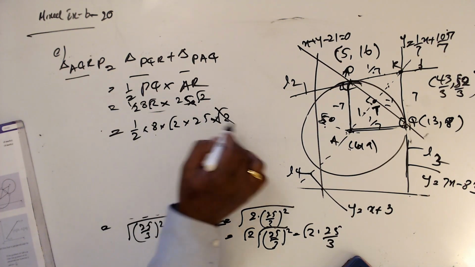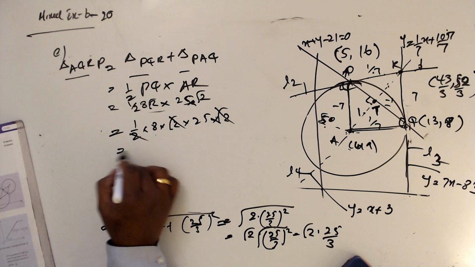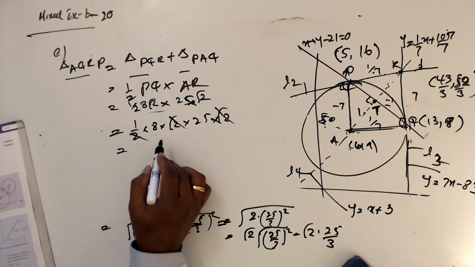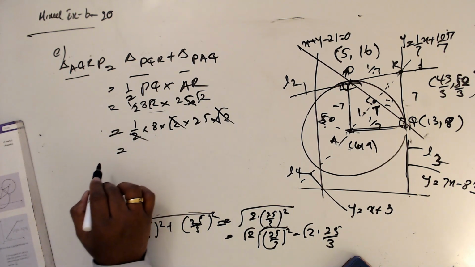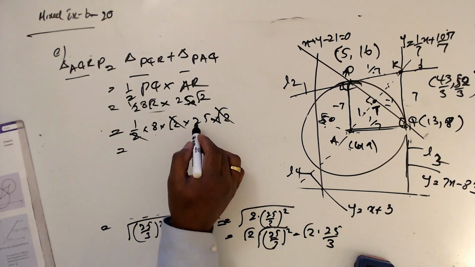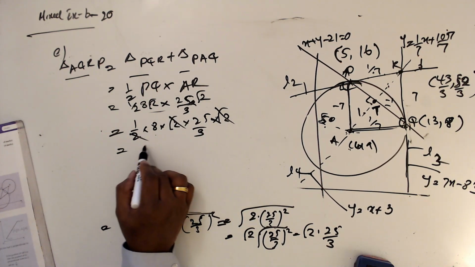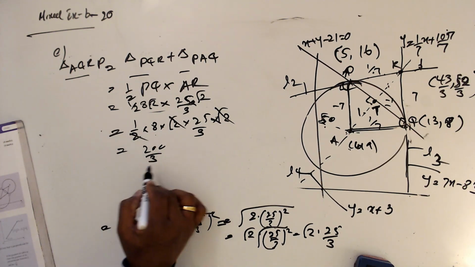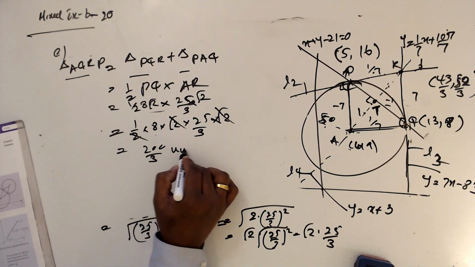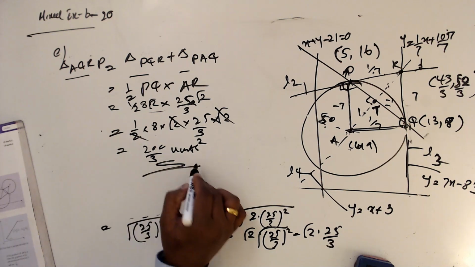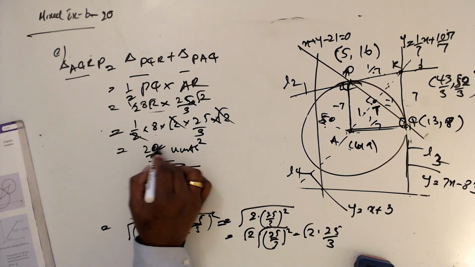So this makes 2, this makes 2. So 25 times 8, I think something is missing, the 3 is also there. 200 over 3 unit square. 200 over 3.